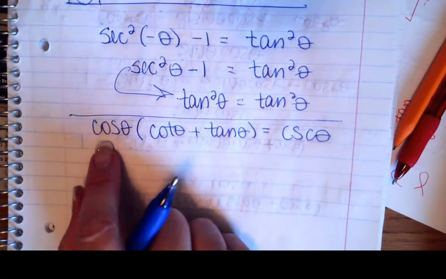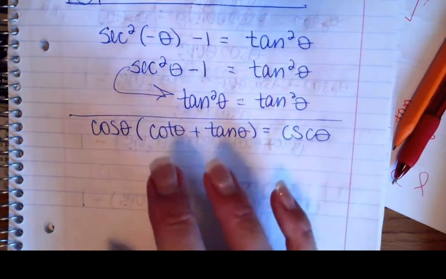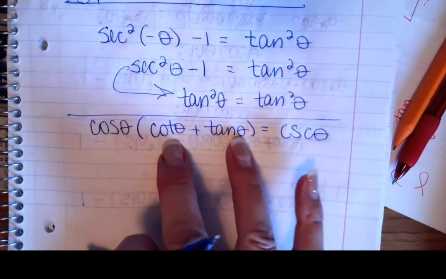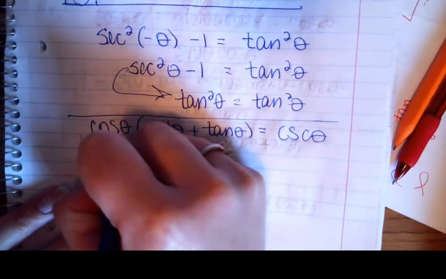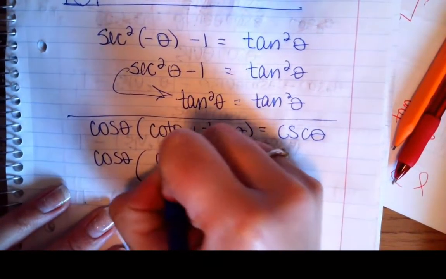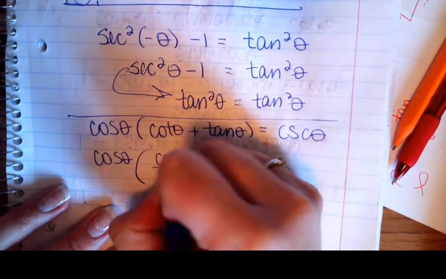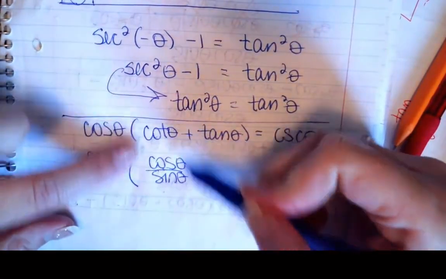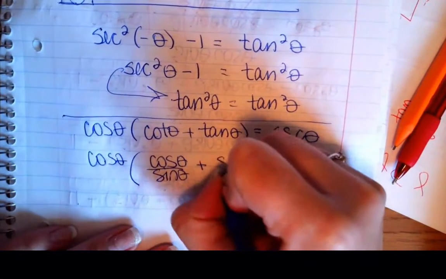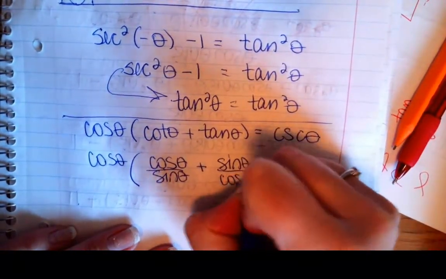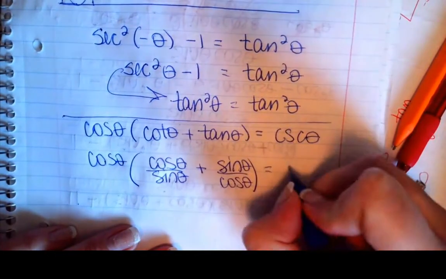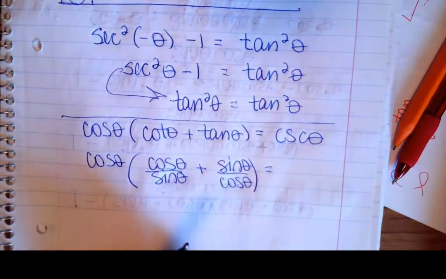But I do notice that I'm fixing to distribute cosine through, so I may want to change these into terms of sines and cosines. So I'll have cosine theta, and then I've got cosine theta over sine theta, which is the same thing as cotangent, plus sine theta over cosine theta. And that needs to equal cosecant. So I wrote that thing in terms of sine and cosine.